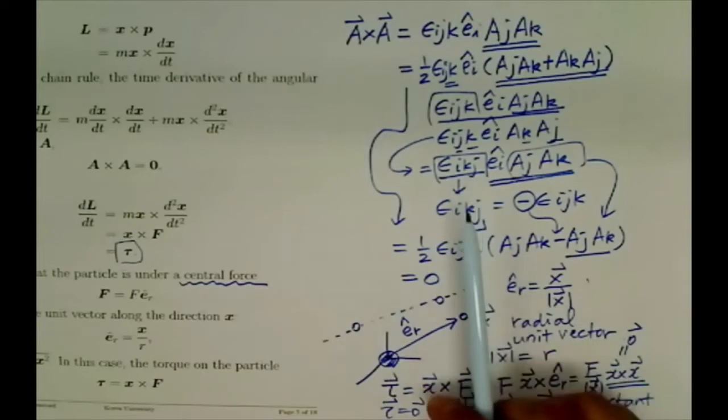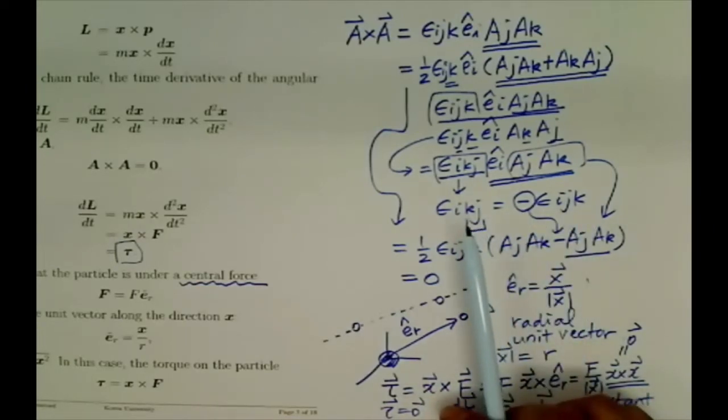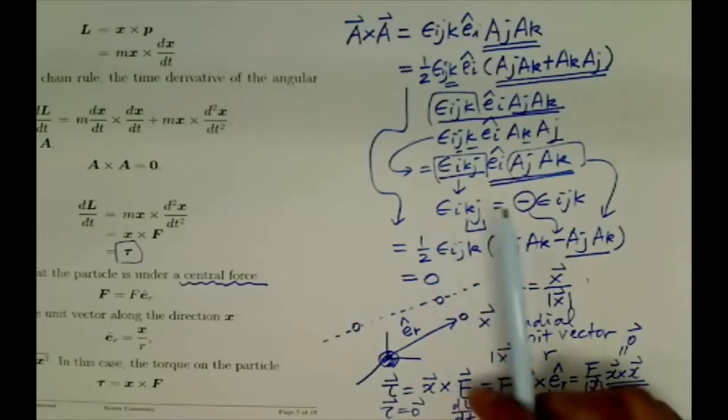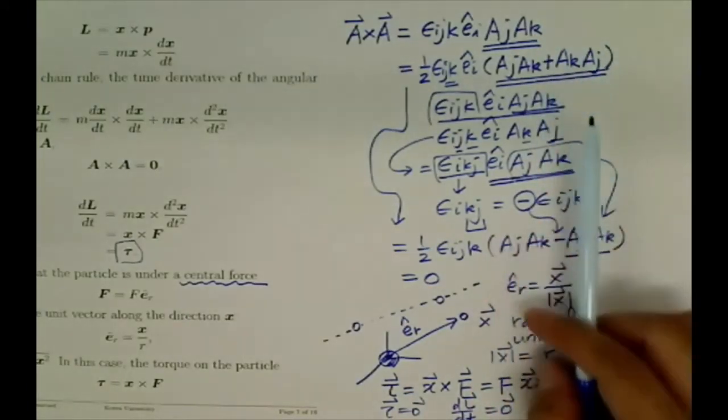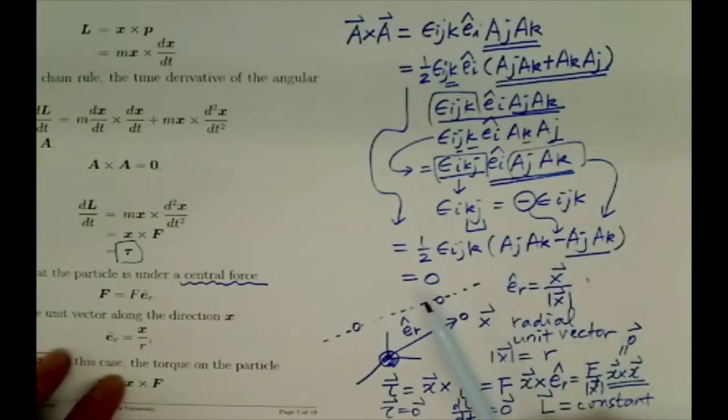Ikj can be replaced with minus ijk because I exchange the positions of j and k. Substituting into the second term, my final result is 1/2 epsilon ijk, a_j a_k minus a_j a_k. Identical terms are subtracted, so the final result is evidently 0.